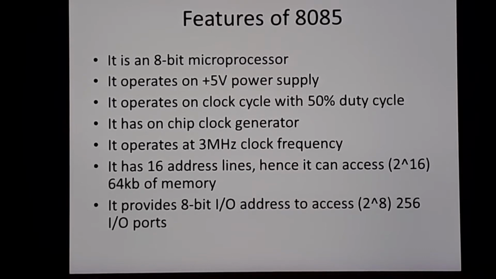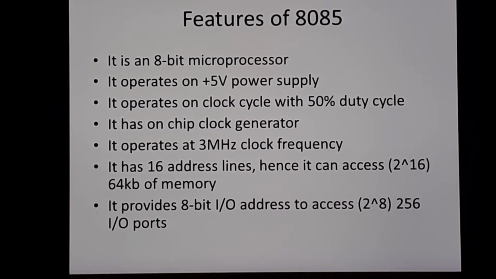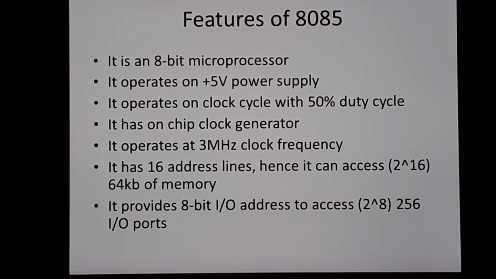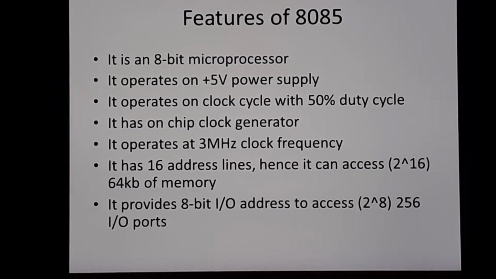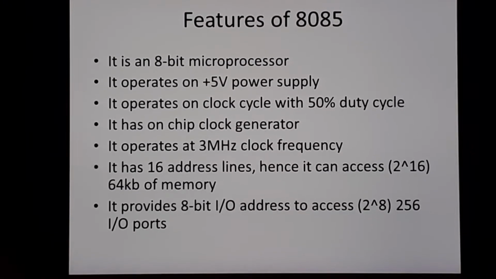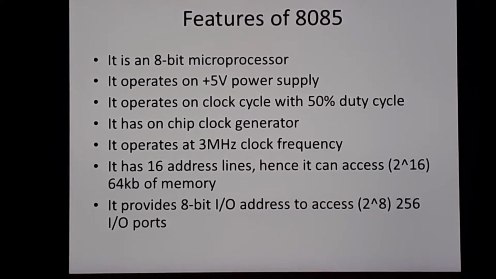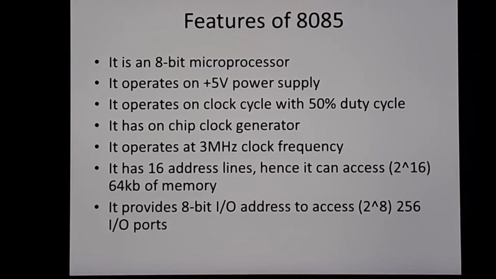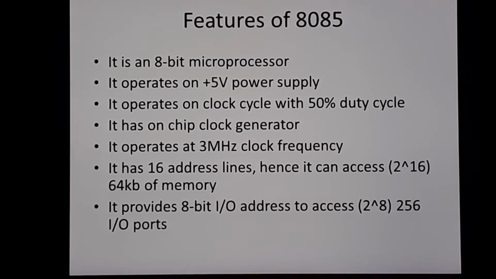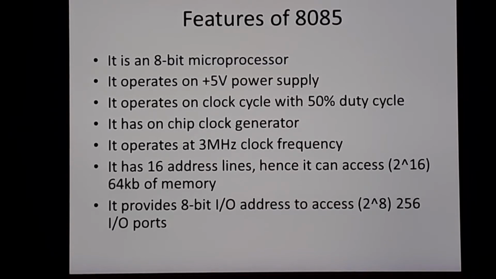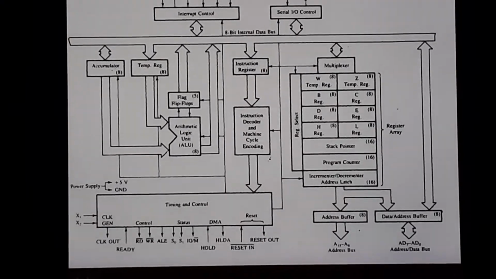So in this particular kit we have input output ports, then we have clock cycle, then we need power supply, then we need clock generator. Clock frequency is nothing but the clock itself. Only we need to say the feature of this clock, that is we have 3 megahertz of clock frequency here. Okay, and it also has address lines. So these are all features of 8085.